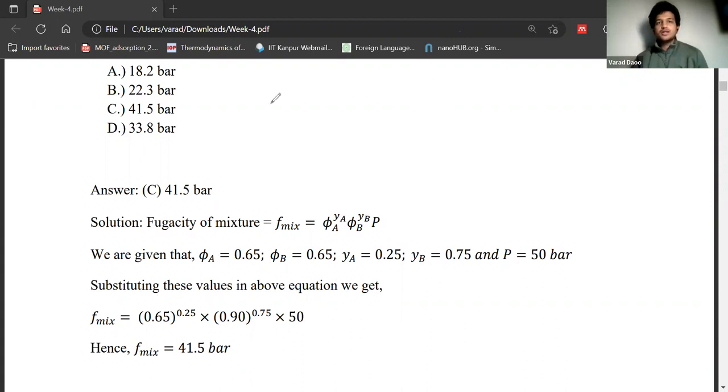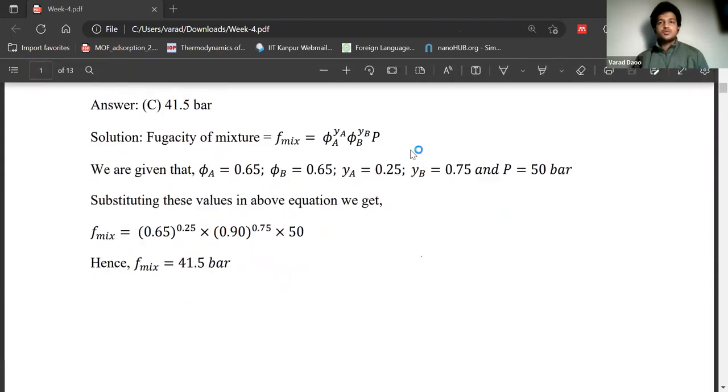So you now know the correct answer is option C, 41.5 bar. I'll wait for a couple of minutes if anybody has any questions or would like to write this down, and then we'll move on to the next question. Nobody has any questions? We'll move on to the next question.